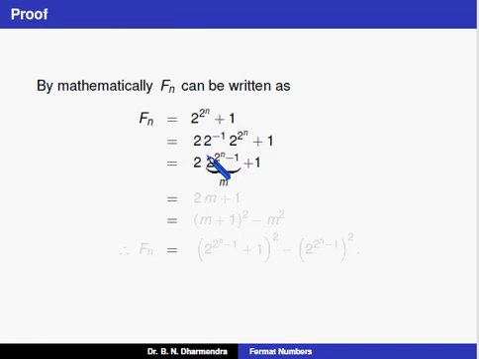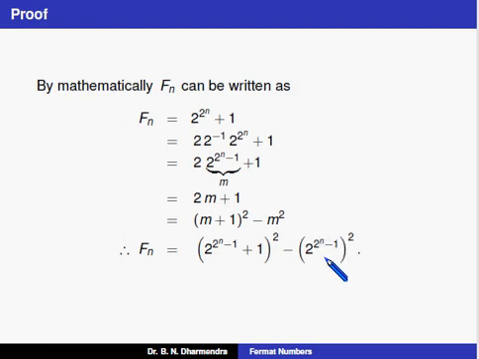This is the value of m, that is 2m plus 1. 2m plus 1 can be written as on the previous slide, that is m plus 1 whole squared minus m squared. Now we substitute the value of m, that is 2 to the power of n minus 1 plus 1 whole squared minus 2 to the power of n minus 1 whole squared.